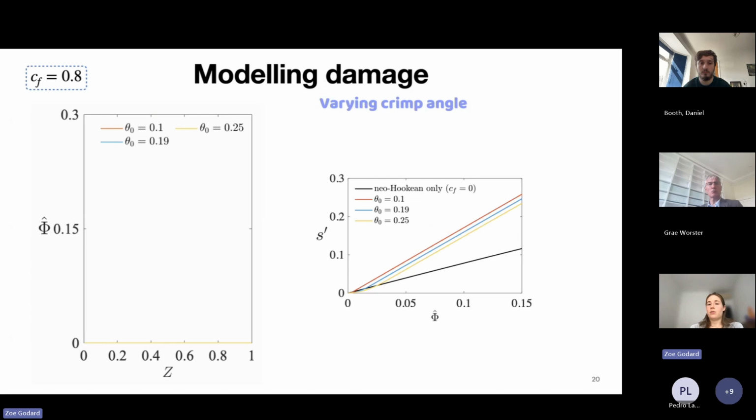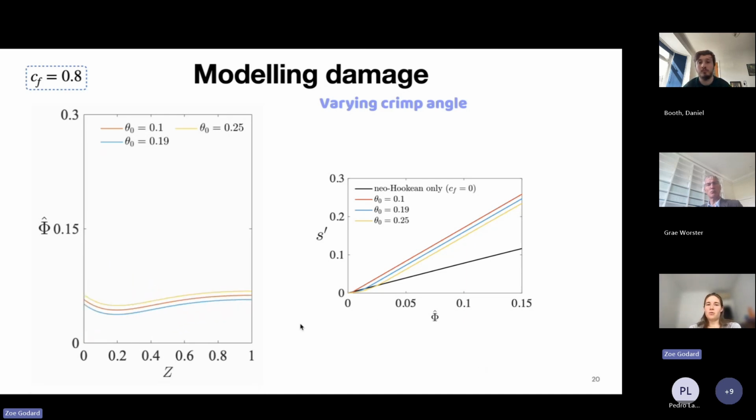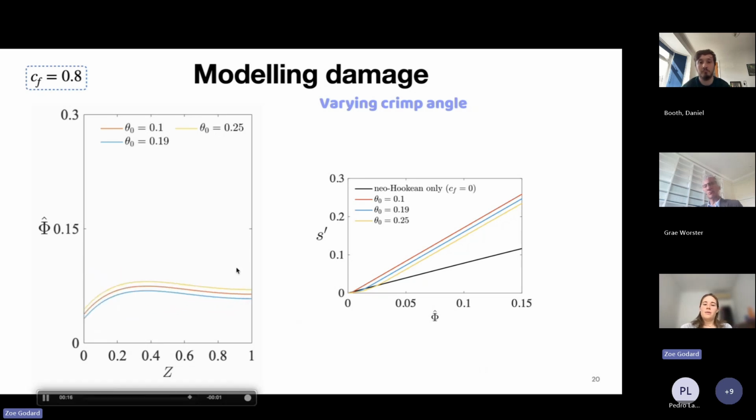So we can play around with the crimp angle. So this is the different values of that maximum crimp that I was showing you before. And you're going to get a greater or smaller strain depending on that crimp angle. The variation is quite small, but maybe for a tendon that will be important. And that's sort of how far I've gotten with that so far.